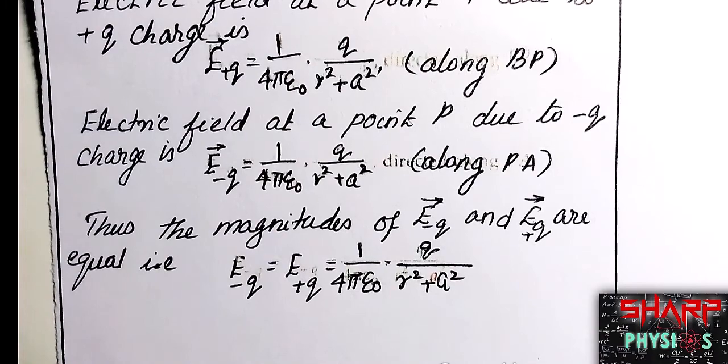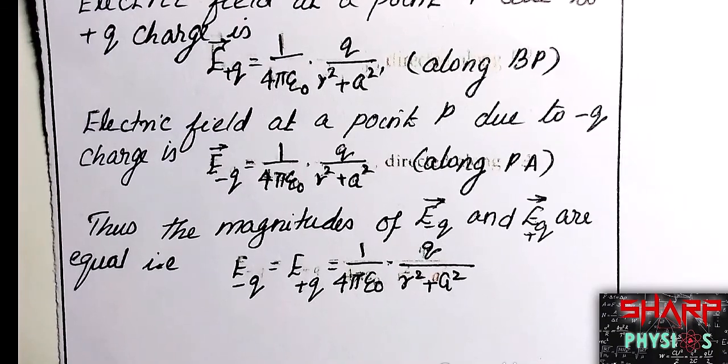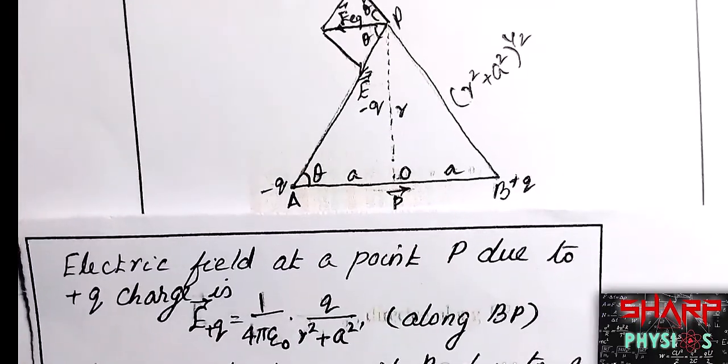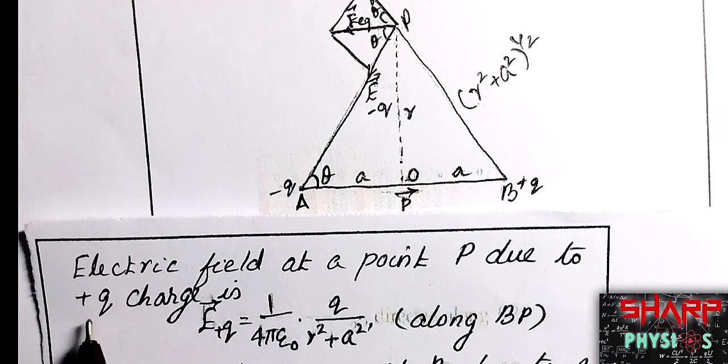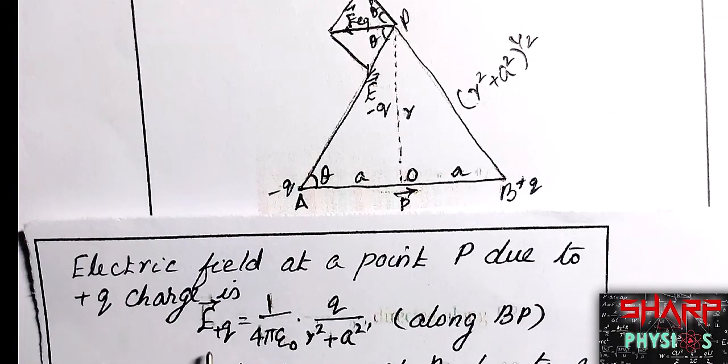So the electric field at a point P due to the charge Q plus, for the equatorial point. When you see the equatorial point, the electric field at the point P due to the charge Q, E Q plus is equal to 1 by 4 pi epsilon 0 into Q by R square plus A square.